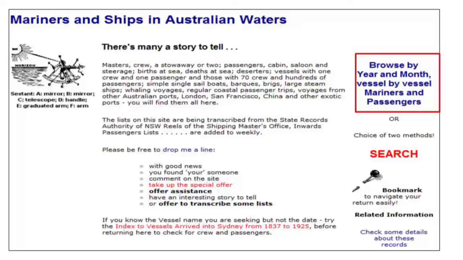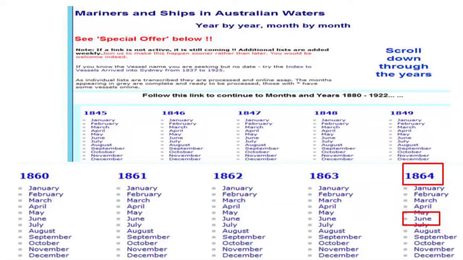And that is a website called Mariners and Ships in Australian Waters. You can do a Google search basically on it, or you can browse by year and month. So we knew from that newspaper article what year and month the ship came in.